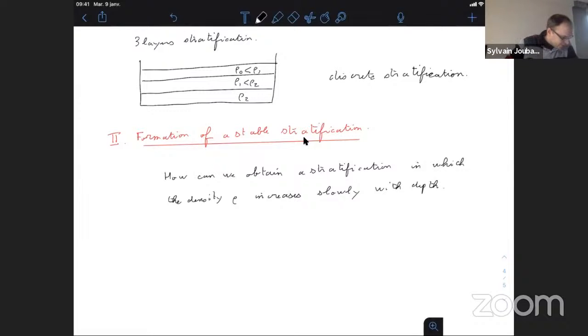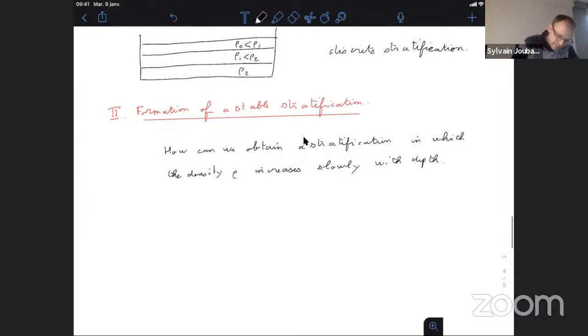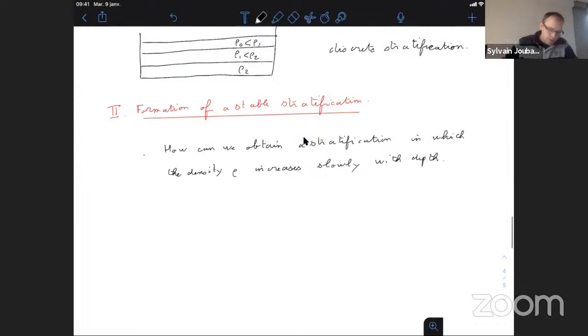In experiments we do this every week, almost sometimes every day. We decide which stratification we want, and we have a way to create exactly the stratification we want.